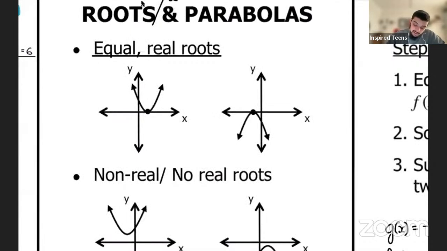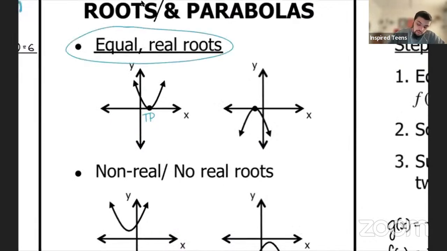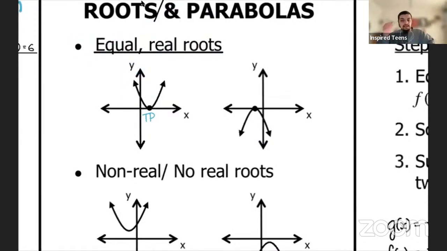In this case, this guy here is our turning point. In the case of equal real roots, the x of the turning point is on the x-intercept, or the turning point is the x-intercept.